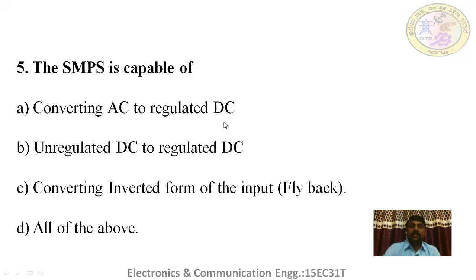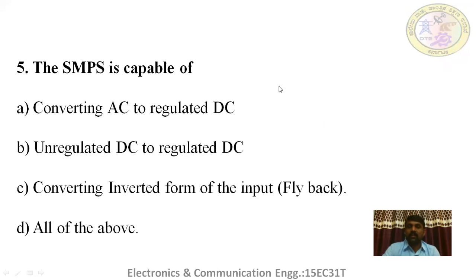So this means the power supply is capable of converting AC into regulated DC, converting unregulated DC, that is from a battery, to regulated DC, and providing negative output. Is the SMPS capable of giving a regulated DC voltage from AC, also from unregulated DC, and also of providing negative output voltage?